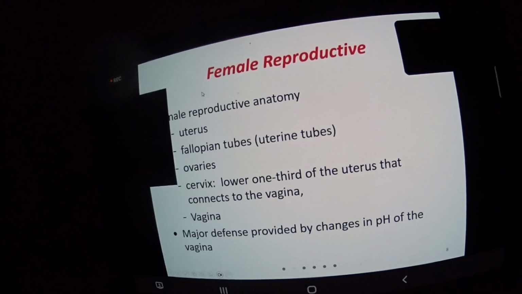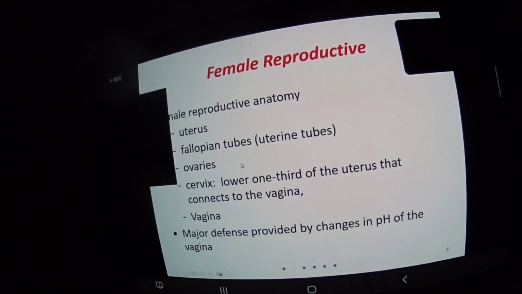All right, females. The ovaries are where hormones and all of that are produced, and after puberty and the start of menstruation, they produce one single egg every month in most normal cases through the follicles.